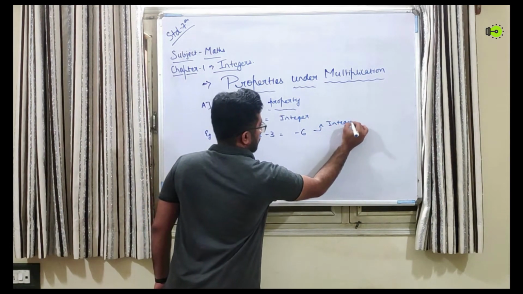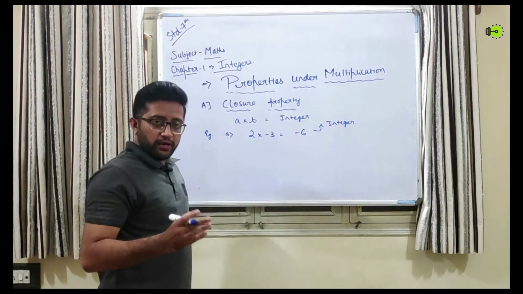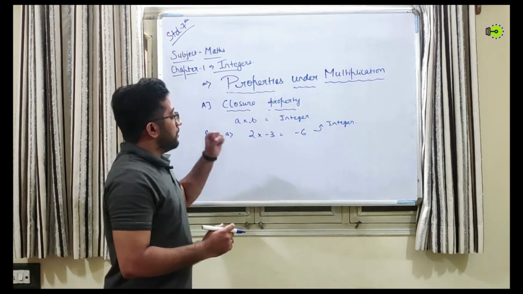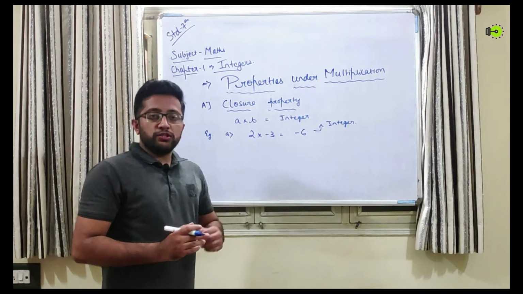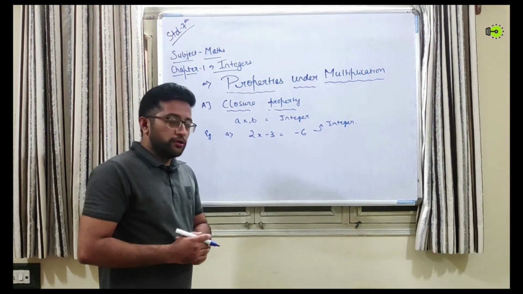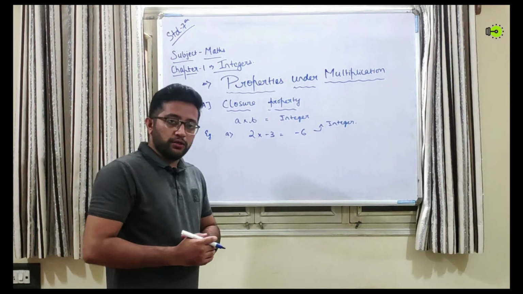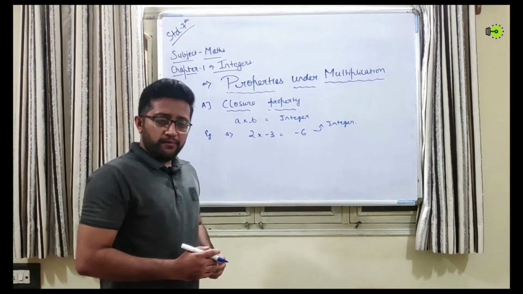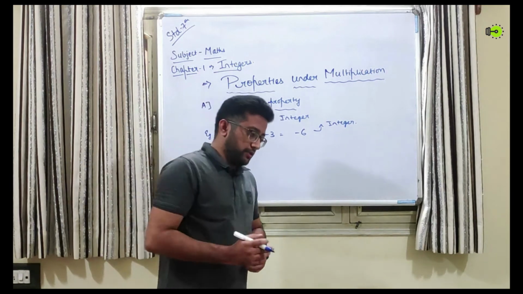By taking as many examples as you like, you may prove the same, and you will find that whatever integers you take in multiplication, your answer will always be an integer. So we can say that the closure property is satisfied under multiplication for integers.